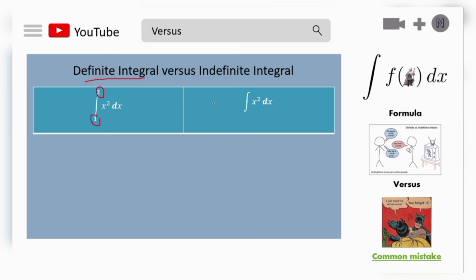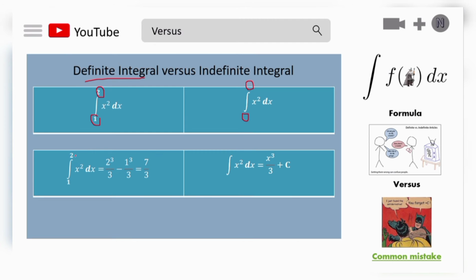By the way, the indefinite integral does not have any kind of limit, so that's why we call it the antiderivative. Okay, next.